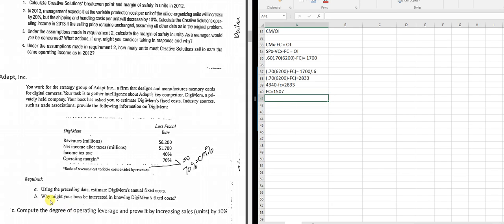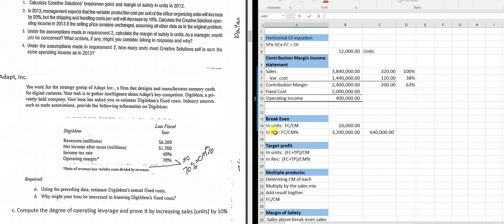The next one, why might your boss be interested in their fixed costs? Because basically that tells how my contribution margin and my fixed cost. Let's say that I have my selling price is here. The selling price is $100, and my variable costs are $20.